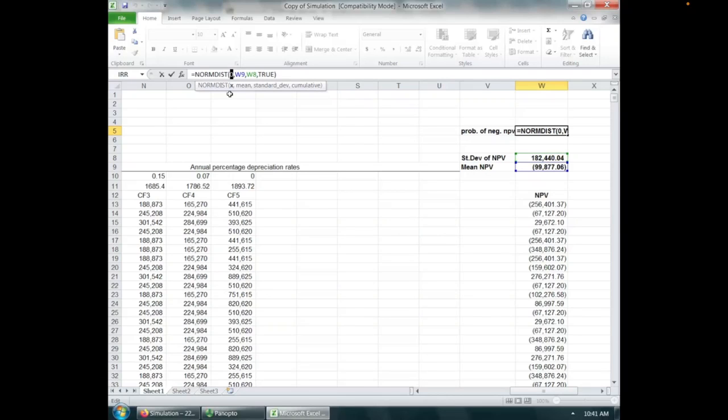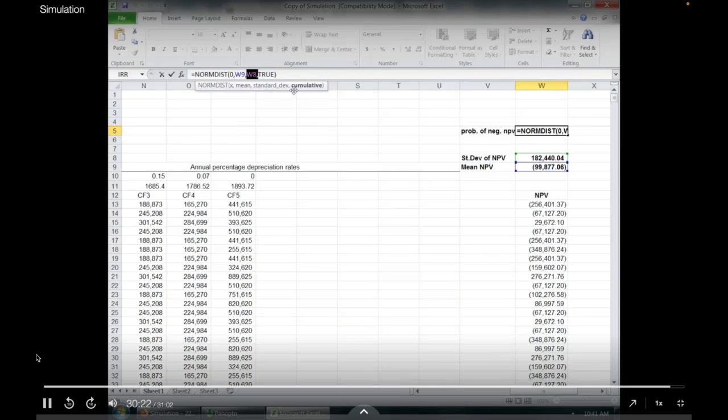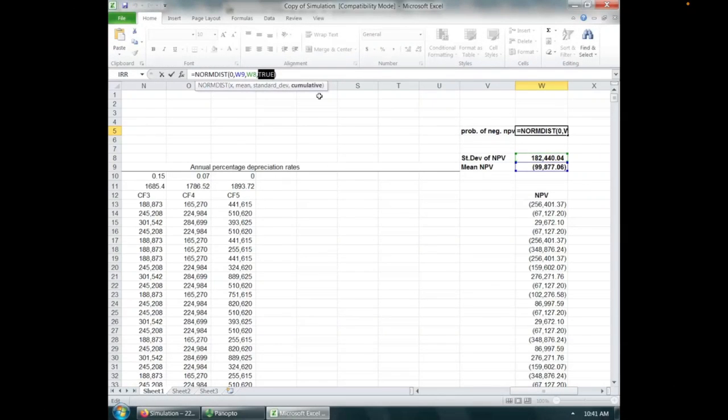Because we're trying to estimate the probability of a negative NPV, so the probability that the value is going to be less than 0. So 0 is the cutoff point. Then you specify the mean of your distribution, as we have here. Then you specify the standard deviation of the distribution, and the final ingredient, cumulative, should be true. So you should be using the cumulative distribution.